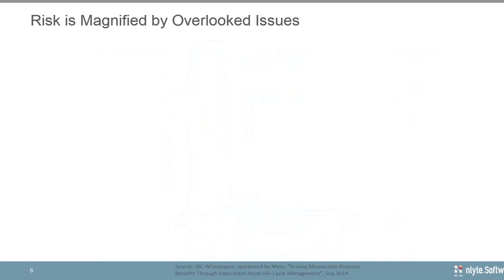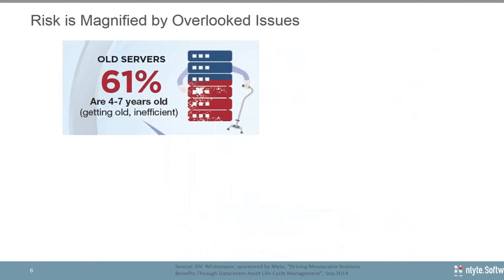There are certain issues that cause it, and some of these are human issues. But the percentage of old servers beyond what I kind of call the standard 3-year cliff, if you will, is over 60%. So they're older, they're inefficient. Moore's law shows a doubling of compute power every 18 to 24 months.